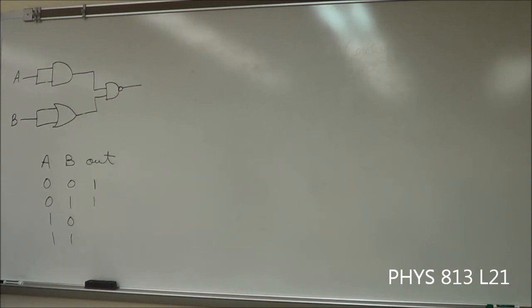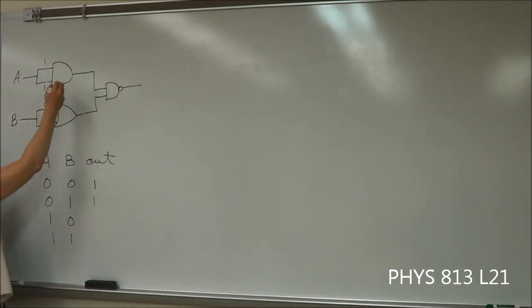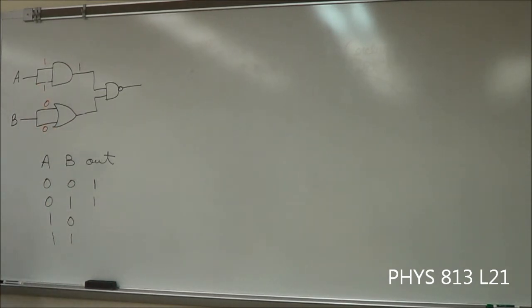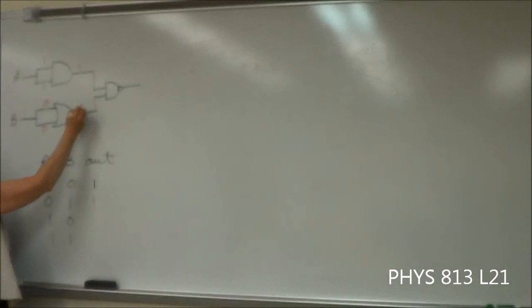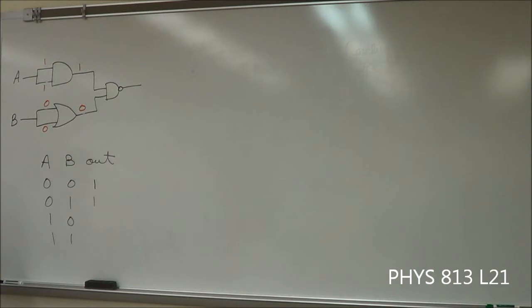And our A is a 1, so 1 goes to both places. B is 0, so 0 goes to both places. So our AND gate, AND with 1 and 1 is a 1. Our OR gate, OR with a 0 and 0 is a 0. Then our NAND gate with a 1 and 0 is a 1.